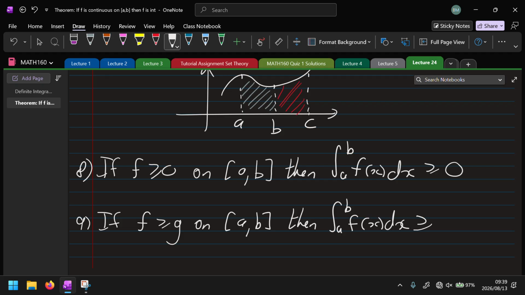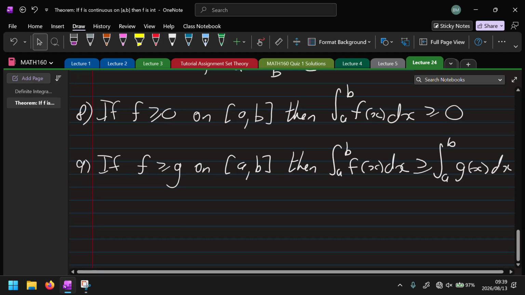G, yeah. If f is greater than g, then the area under f is greater than the area under g. Why? Because if we look at the rectangles, this height is bigger than this height. So obviously the area will be bigger. I think they've all been pretty easy so far.